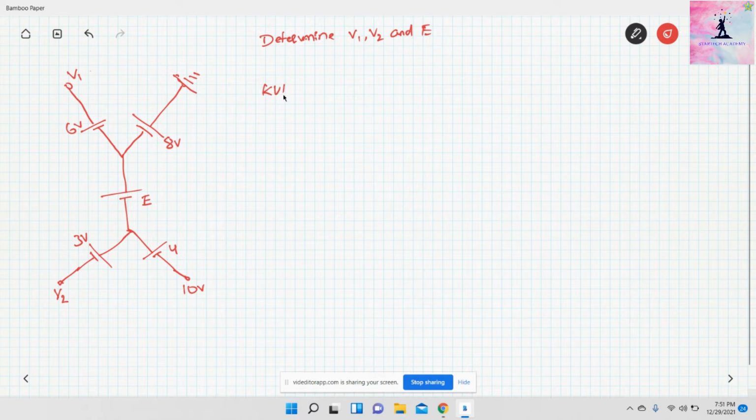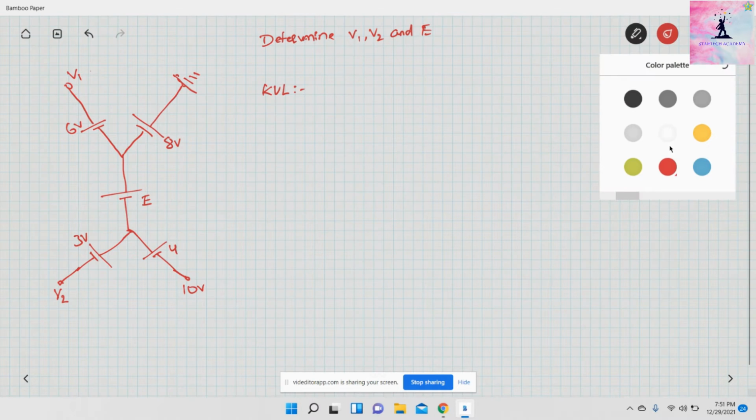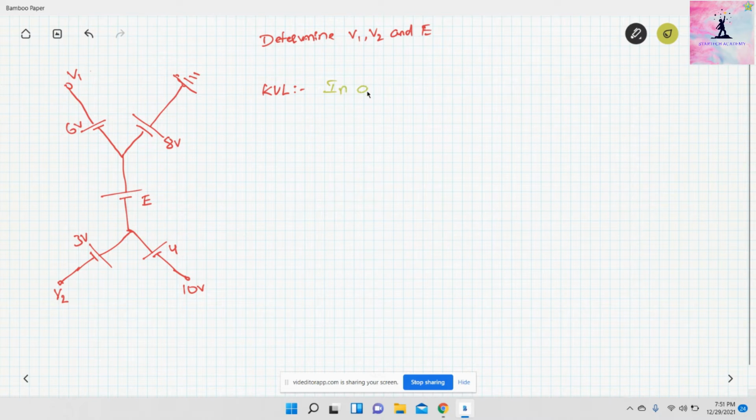Okay, what is KVL? In a closed loop, algebraic sum of the voltages are equal to 0.